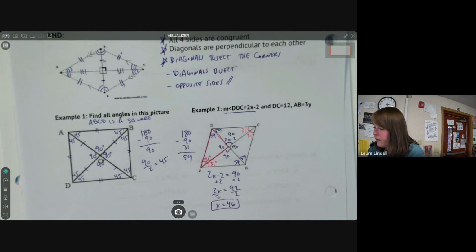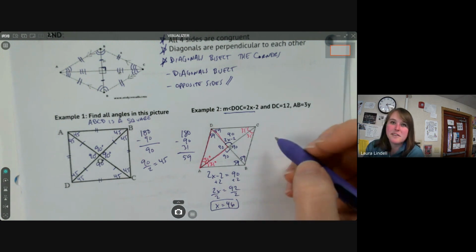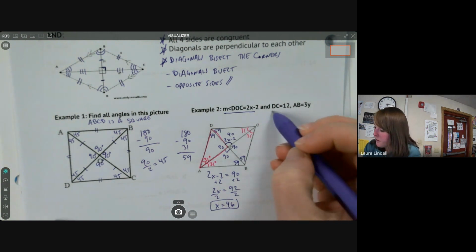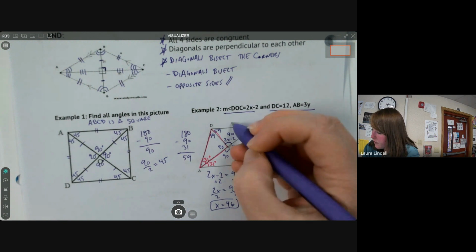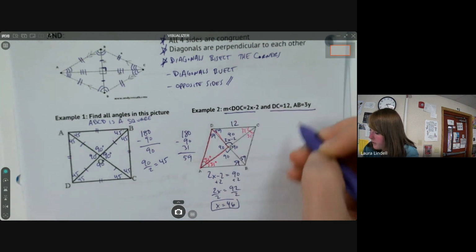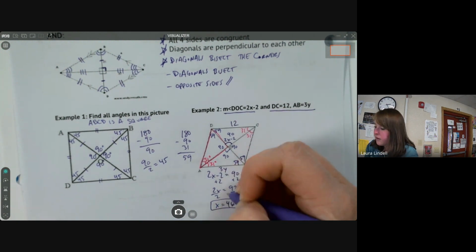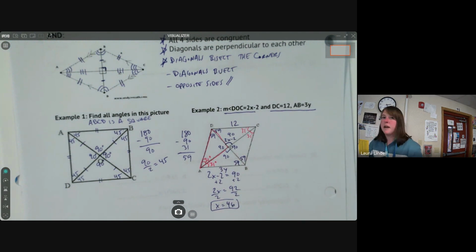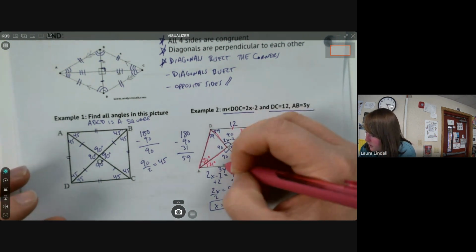Okay. But back to what we were actually asked in the question. They also have DC is 12 and AB is 3y. So again, this is another thing that comes back to us directly from parallelograms. Opposite sides are congruent to each other.